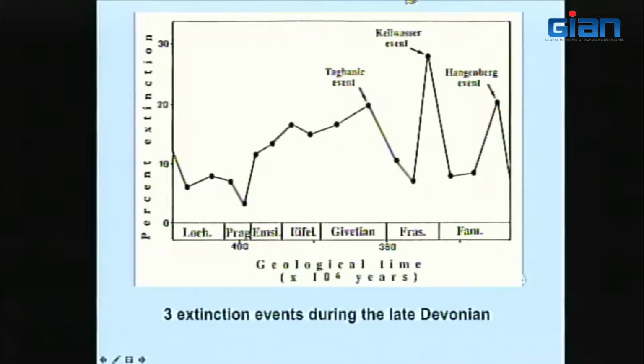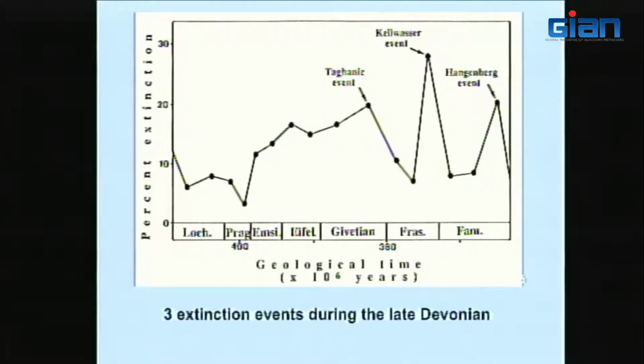If you take the percent of extinction here, and this is the stages of the upper Devonian, you can see that we have these events here: Taganic, the Kellwasser, which is a bigger event, and the Hangenberg. And in fact, this huge mass extinction is made of a threefold mass extinction.